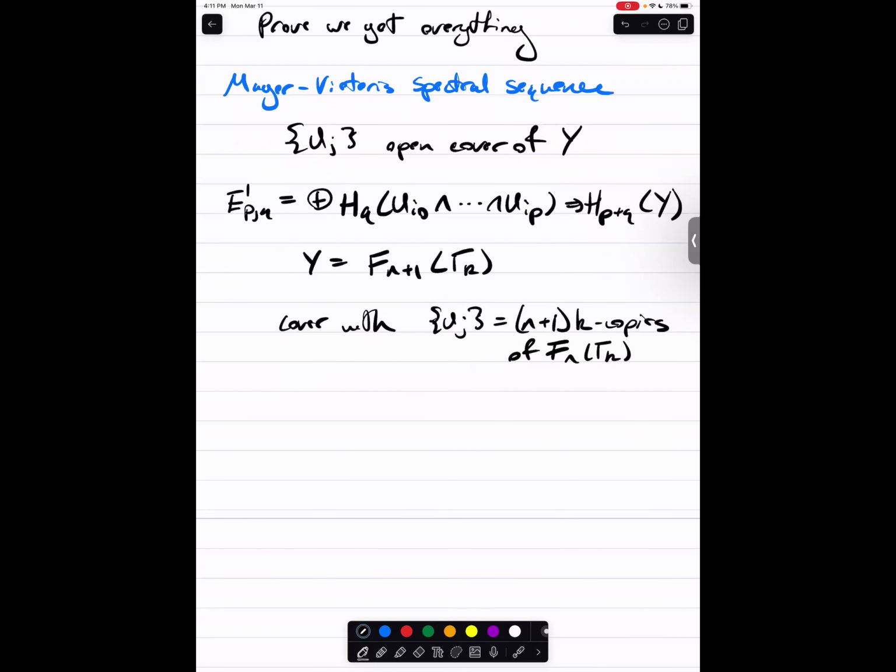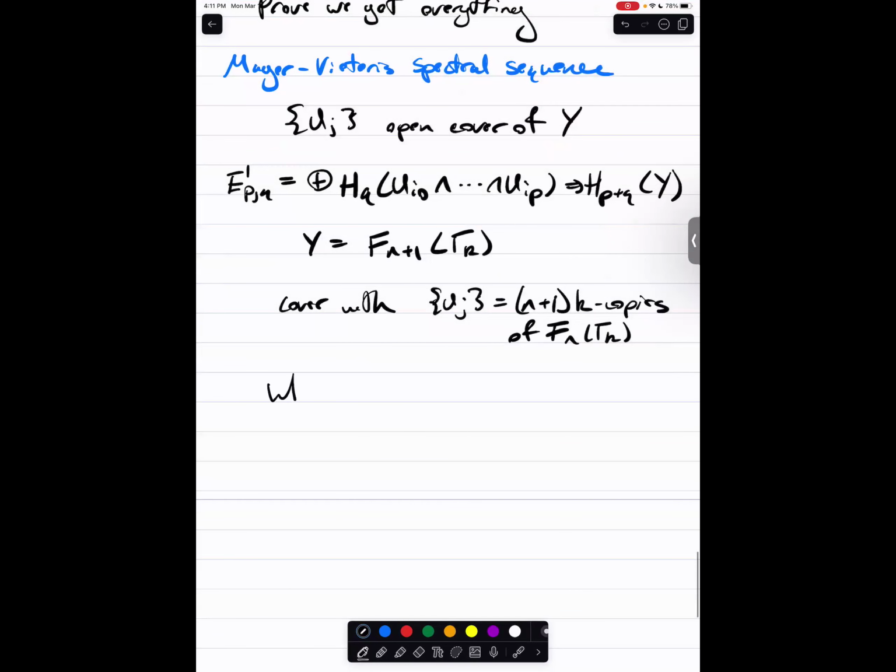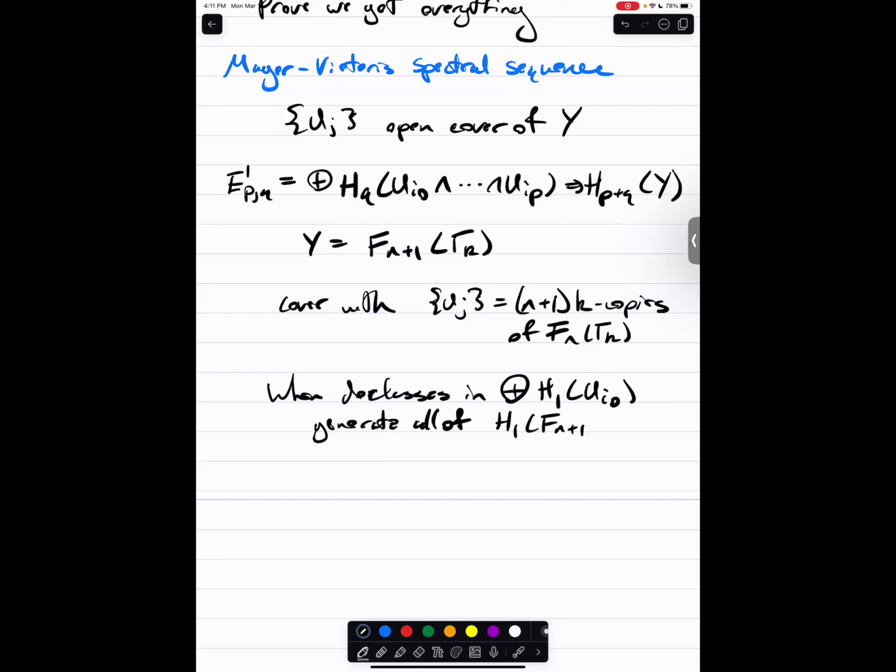And we want to be able to say to ourselves, right, when do classes in the direct sum of the zeroth homology, direct sum of the first homology of these u sub j's generate all of the first homology of the ordered configuration space of n+1 points in gamma k?